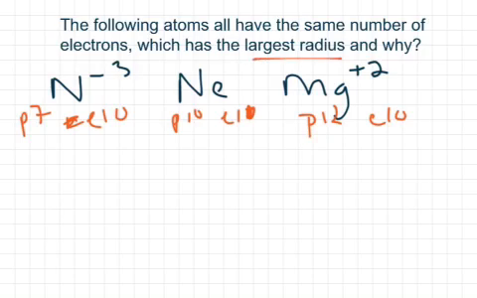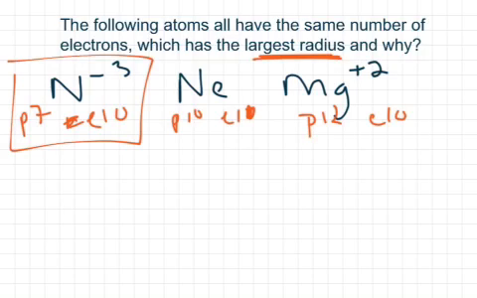Largest radius: we're thinking which one would have the electrons spread the farthest out. That's going to be the one with the most electrons and the fewest amount of protons, which is going to be our nitrogen. The next would be this one because it has an equal amount, and then our smallest atom would be the magnesium because it lost electrons and decreased in repulsion instead of increased.